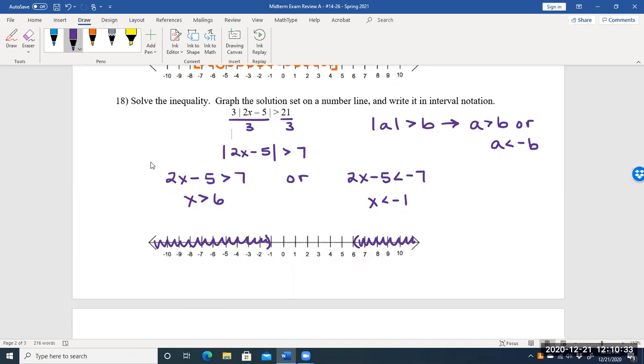To write it in interval notation, our first interval is from negative infinity to negative 1. Then I'm going to use a U for union. And then my second interval is 6 to infinity. I am using parentheses here because this time our inequality symbols are a greater than and a less than, and so those endpoints are not included.